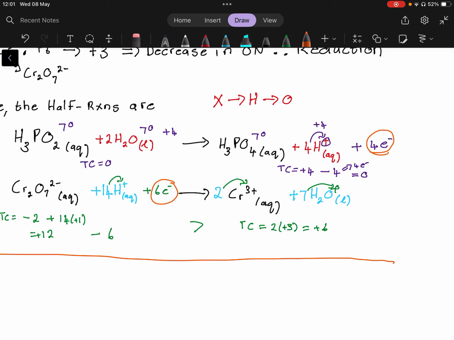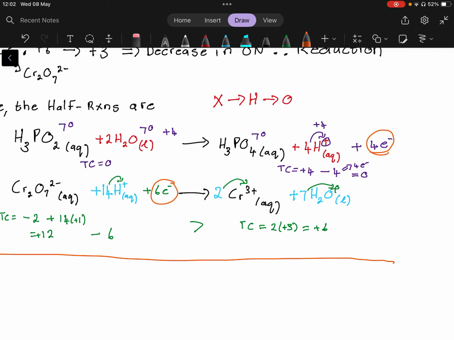The question is, what does both of these equations need to be multiplied with to get a common number between 6 and 4? So 6 and 4's common denominator, you might want to say 6 times 4 is going to give 24, which is fine because it will sort itself out. But the lowest number that both 6 and 4 divides into is 12. So you start with 6 times 1, 4 times 2.